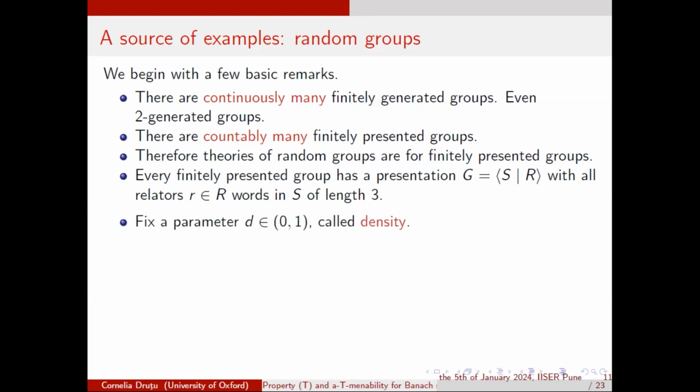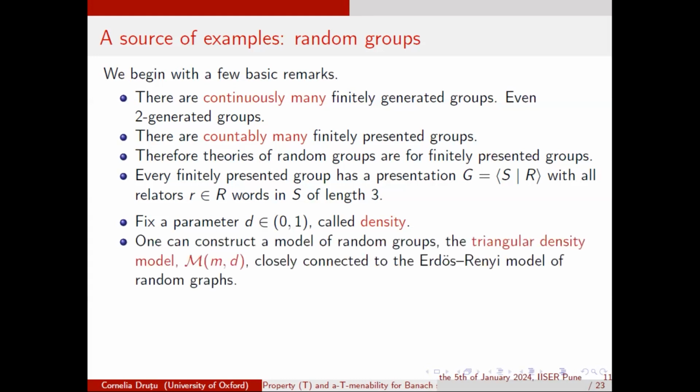Both models where results are known depend also on the choice of a certain parameter called the density. So we choose such a parameter between 0 and 1, and depending on the choice, we will have a different model.